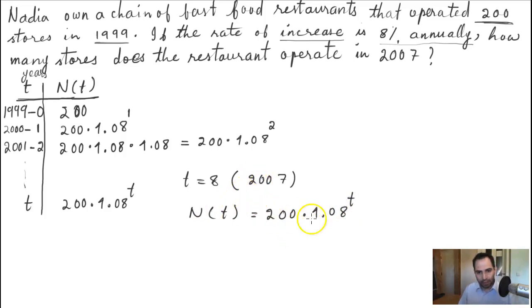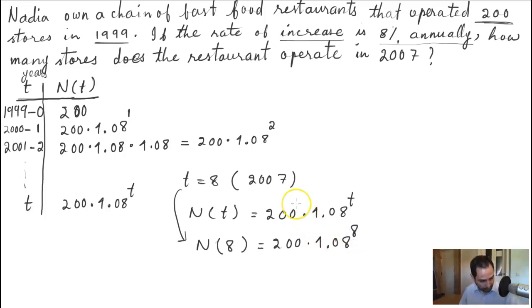Now, based on the equation that I have, I can simply find the number of stores in 2007, which corresponds to t equal to 8. So here I can calculate n of 8, which is 200 times 1.08 raised to the 8th power.